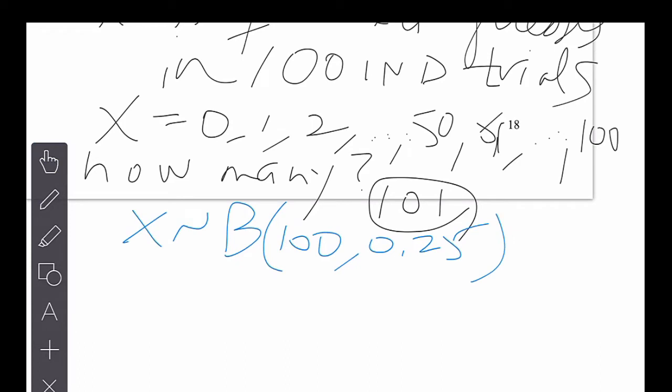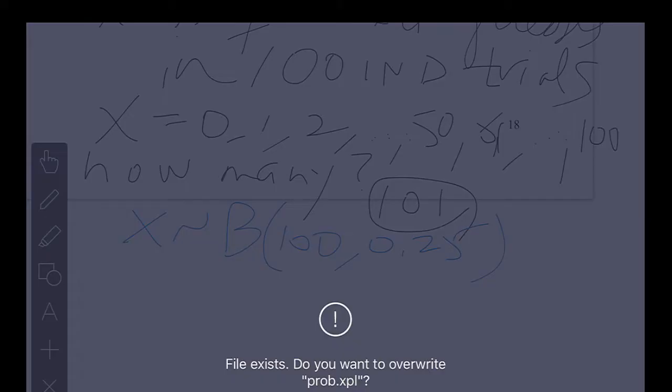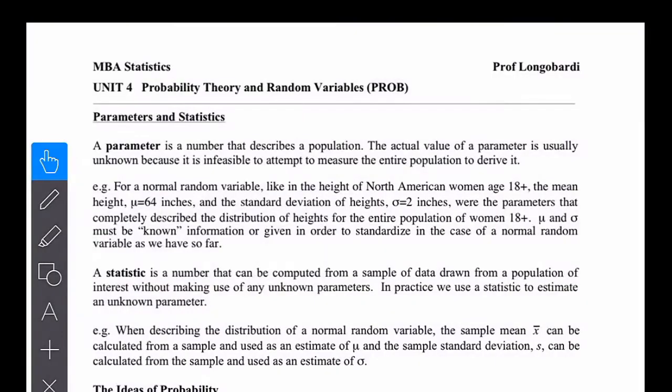All right, so how many of you got that right? Anybody get that right? Let's save it. Let's go to the next problem.